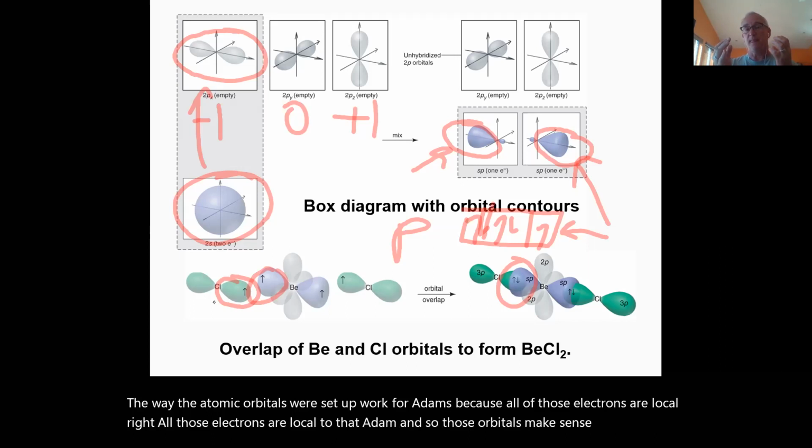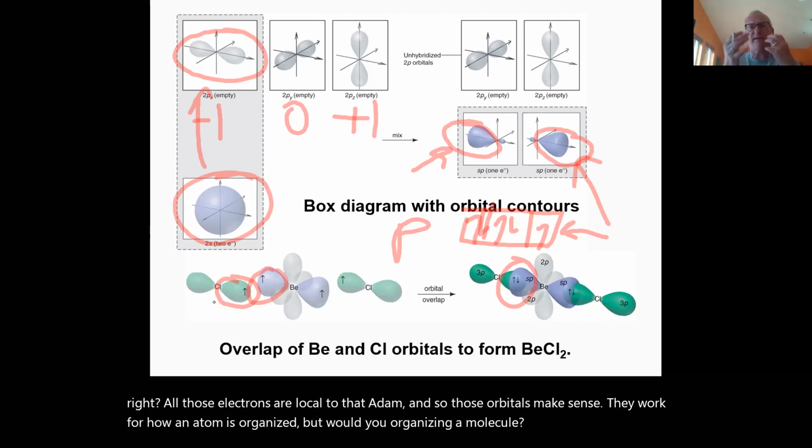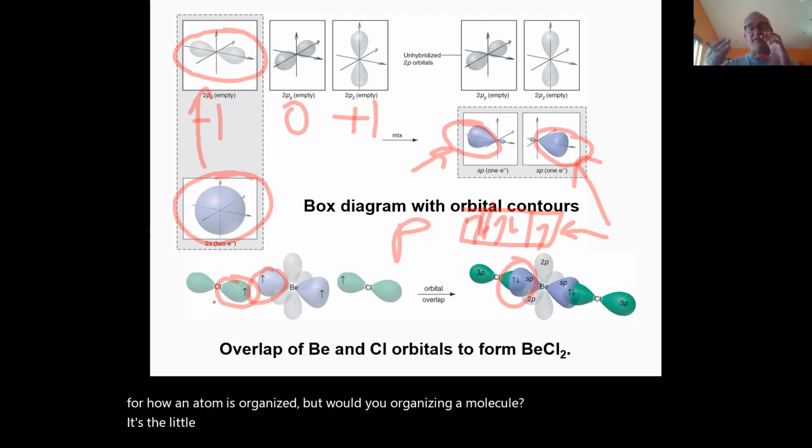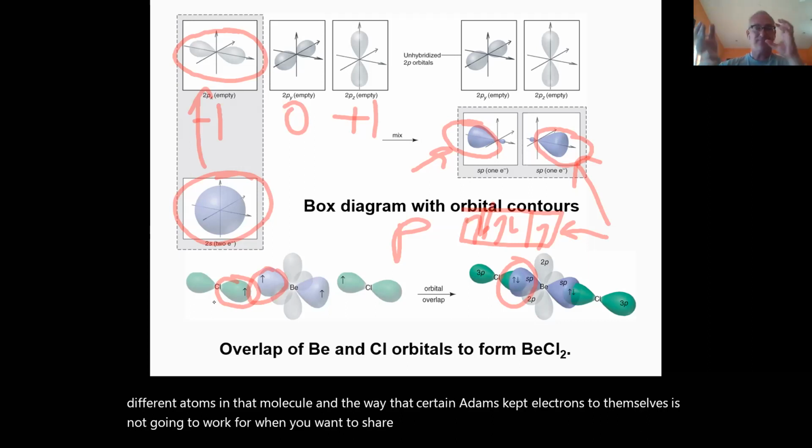They work for how an atom is organized. But when you're organizing a molecule, it's a little more difficult. Then you have to take into consideration the orientation of all the different atoms in that molecule. And the way that certain atoms kept electrons to themselves is not going to work when you want to share them, because then the shapes don't work out.